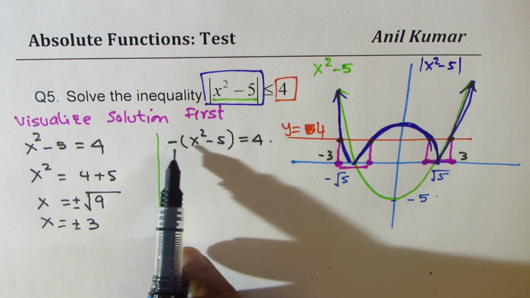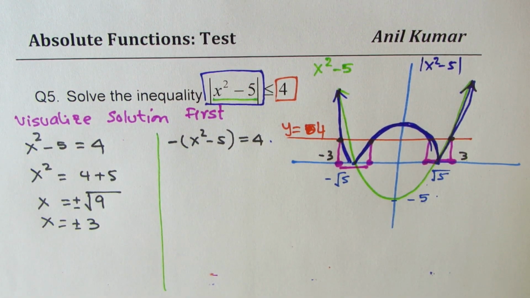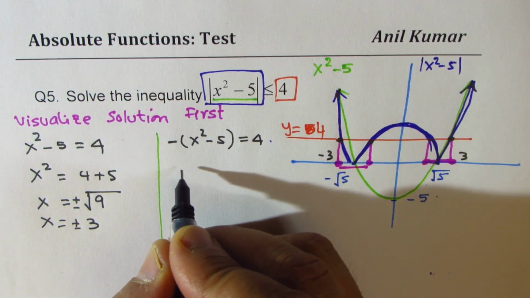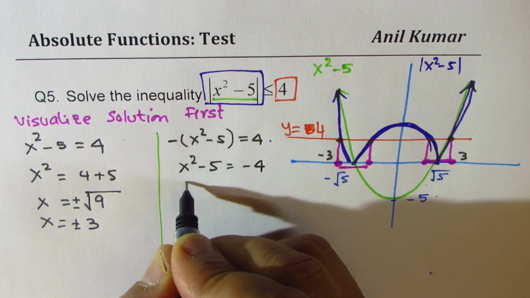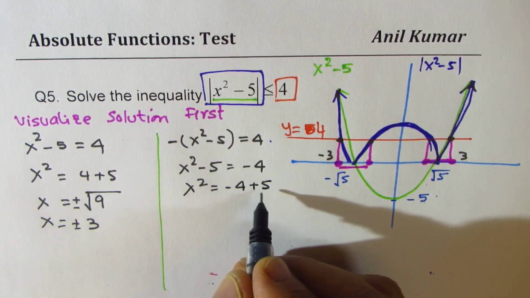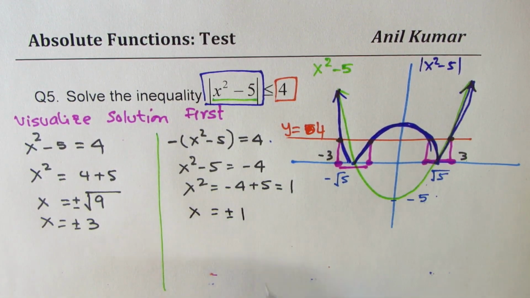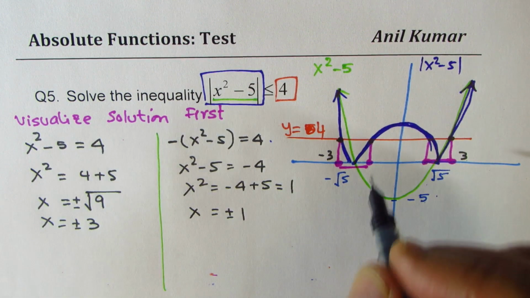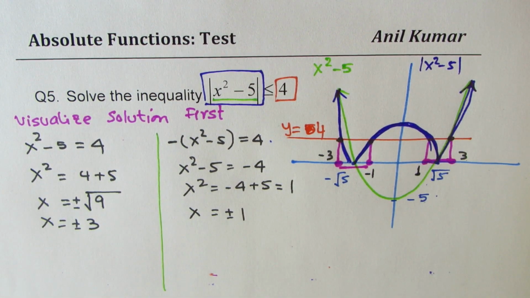Now let's look here. So minus, let me take this as minus 4. So we could write this as x squared minus 5 equals minus 4. Bring 5 this side. x squared equals minus 4 plus 5, which is just 1. So x equals plus minus 1. So these points here are at minus 1 and plus 1.